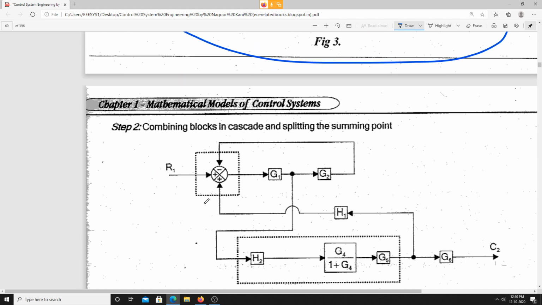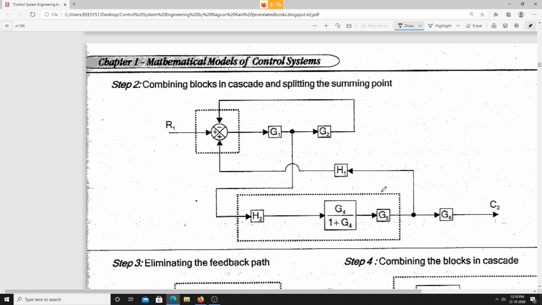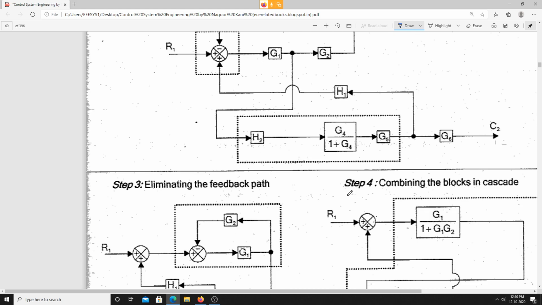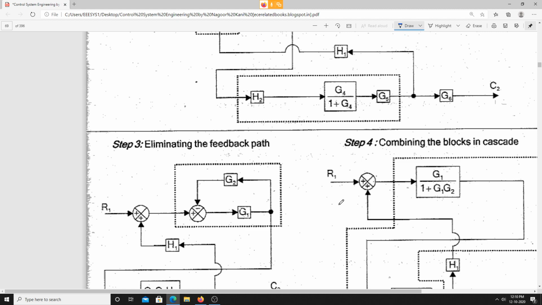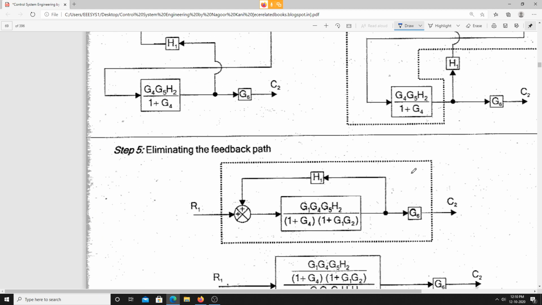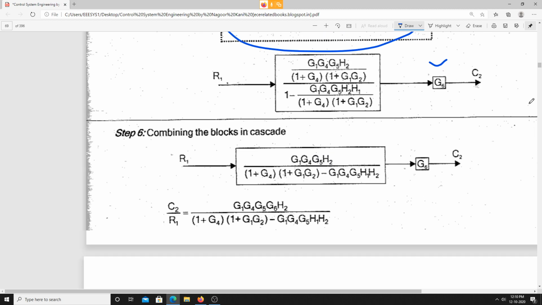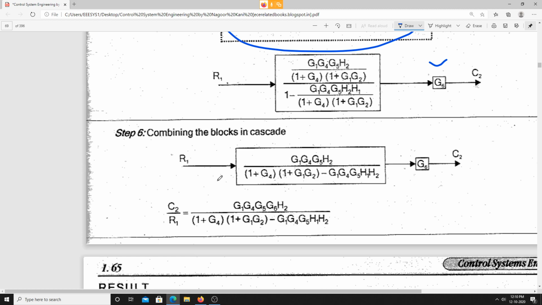Again, the same way as before, we combine in cascade and split the summing point. Is it clear? After that we eliminate the feedback path, then combine the blocks which are in cascade. Finally, after combining the blocks, we again eliminate the feedback paths. Is it clear? So finally this is what we are having. From that, this is the transfer function, that is C2 by R1.